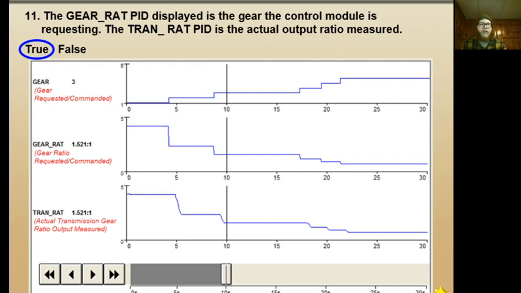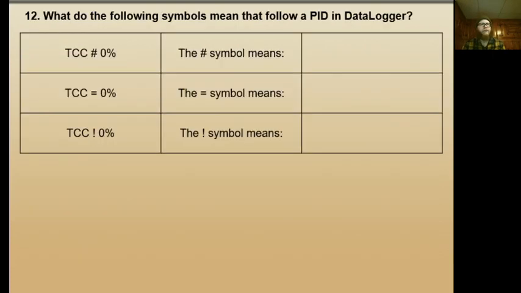The trans ratio PID is based off of the speed sensors, like the turbine shaft speed sensor for the input and the output shaft speed sensor for the output. That actually measures the two speeds and does a little quick math and comes up with the actual ratio of the transmission, and they should be the same because there's no slippage on the internal of the transmission. The torque converter will do what we consider some slipping because it's a fluid coupling, but on the inside, what goes in, unless we're in neutral, something should be coming out.